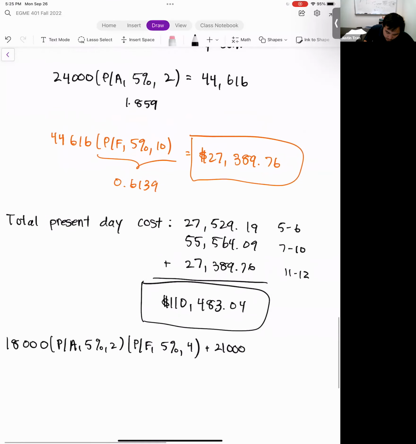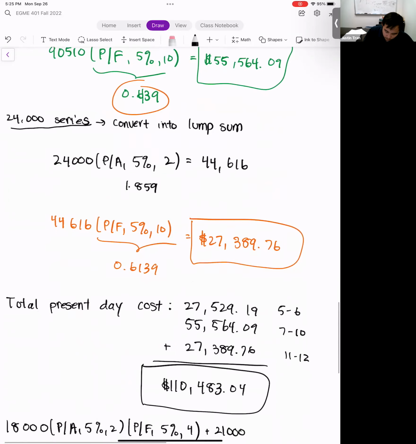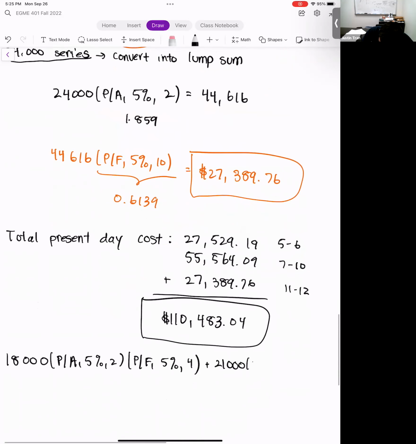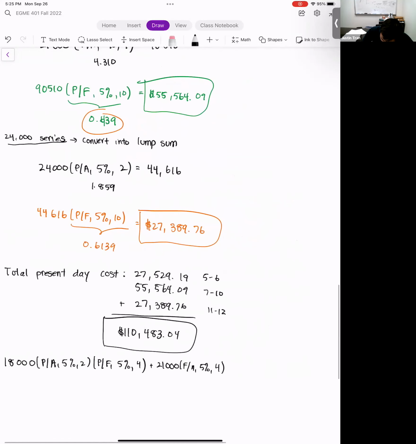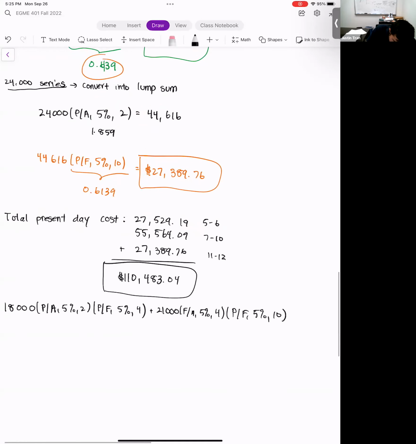Next, we have the $21,000, and so that's $21,000 times F over A, 5%, 4. And then we multiply it by P over F, 5% and 10. Then to that, we added the last series, $24,000.